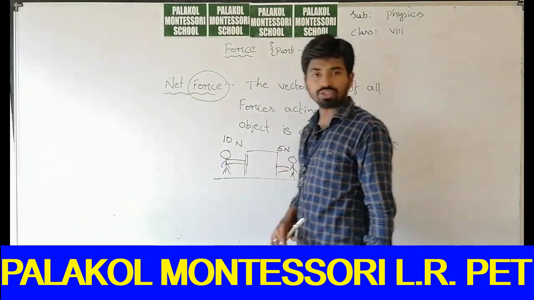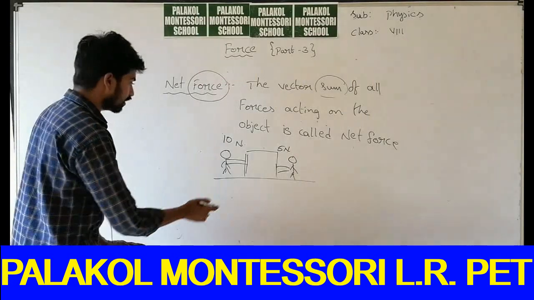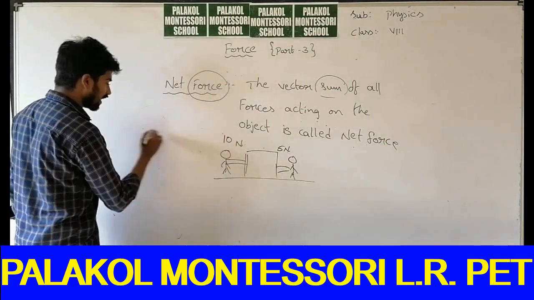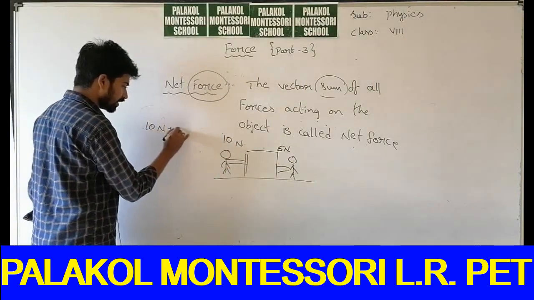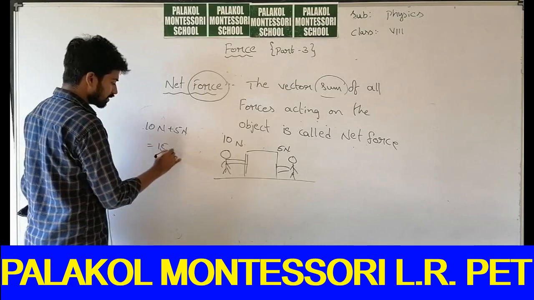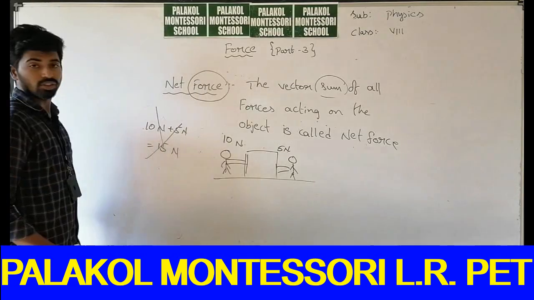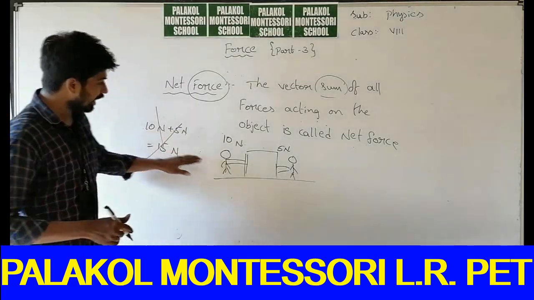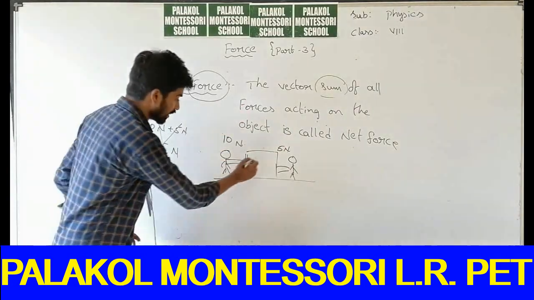What is the total force? It is not a normal summation. So you cannot make the total force 10 newtons plus 5 newtons equal to 15 newtons. This is wrong.